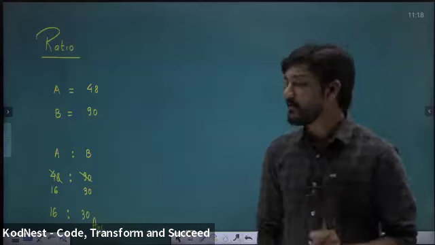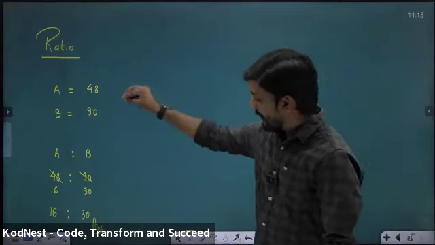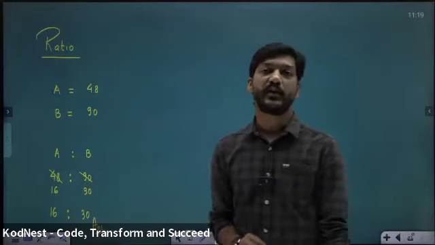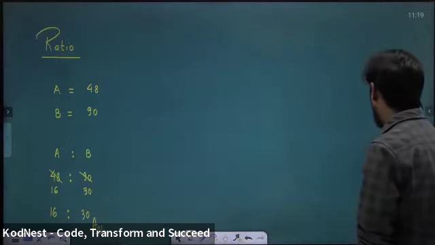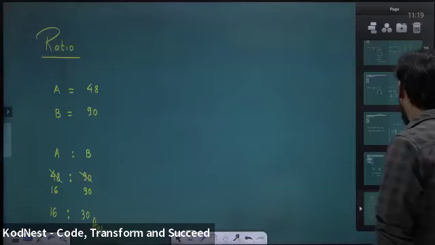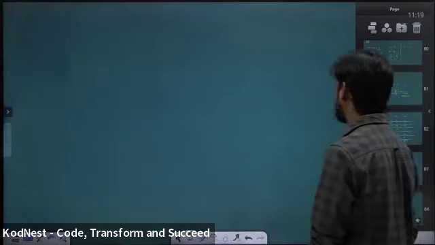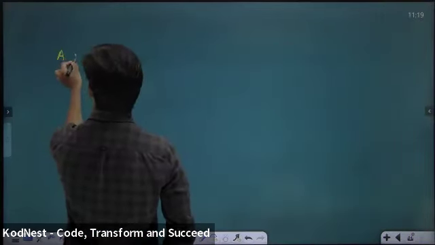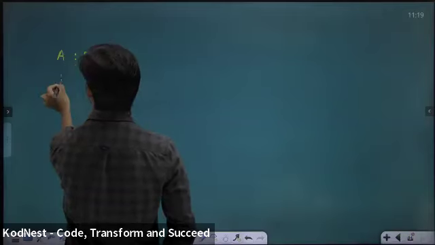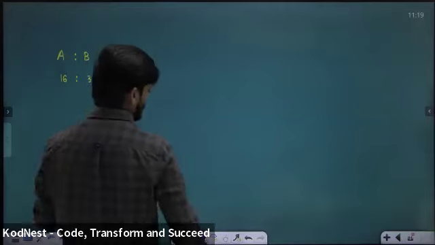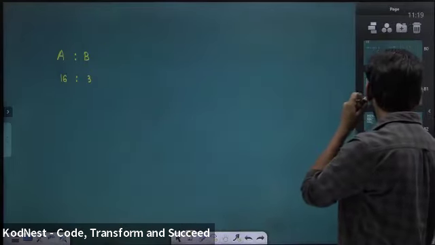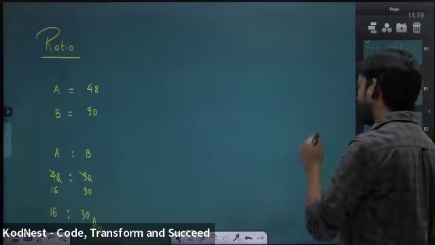So the first thing is, when you want to tell the final answer of a ratio, you have to keep it in the simplified form. Now, second thing, if I go opposite, suppose I say A ratio B, 16 ratio... what was that? Okay, something else can be cancelled.